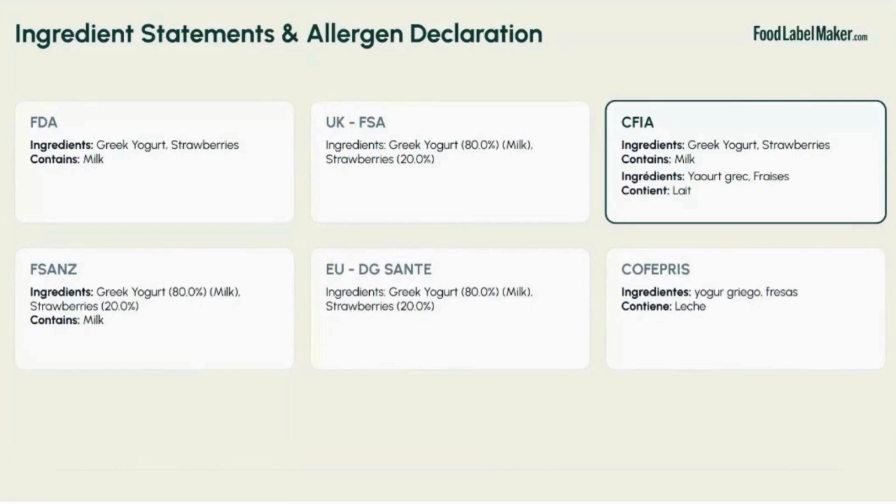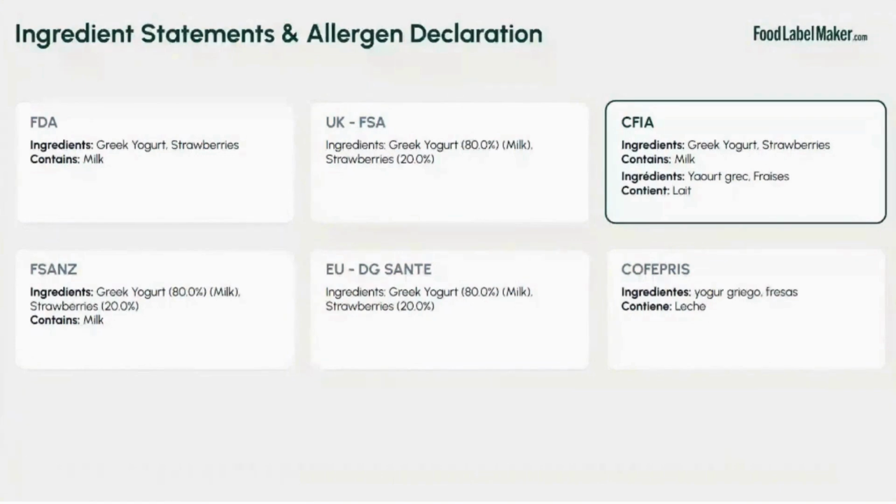In the EU and UK, however, allergens must be emphasized within the ingredient list itself, most commonly in bold, with no requirements for a separate contains box. So as you can see, allergens for UK and EU are highlighted in the ingredient statement itself.